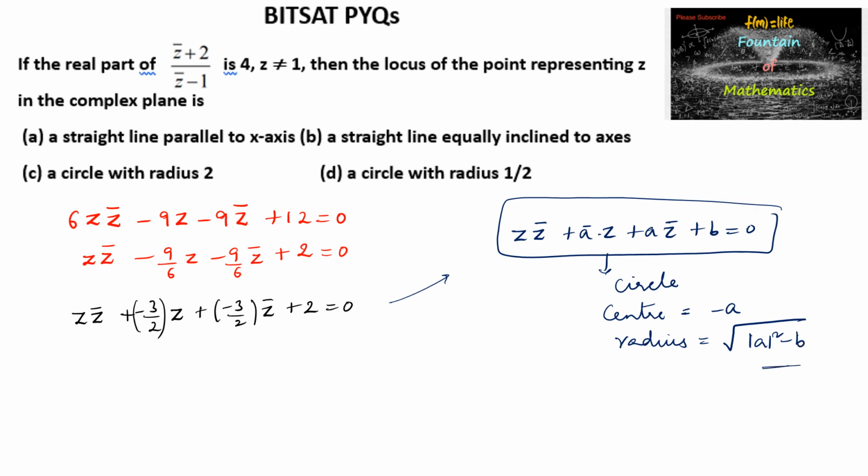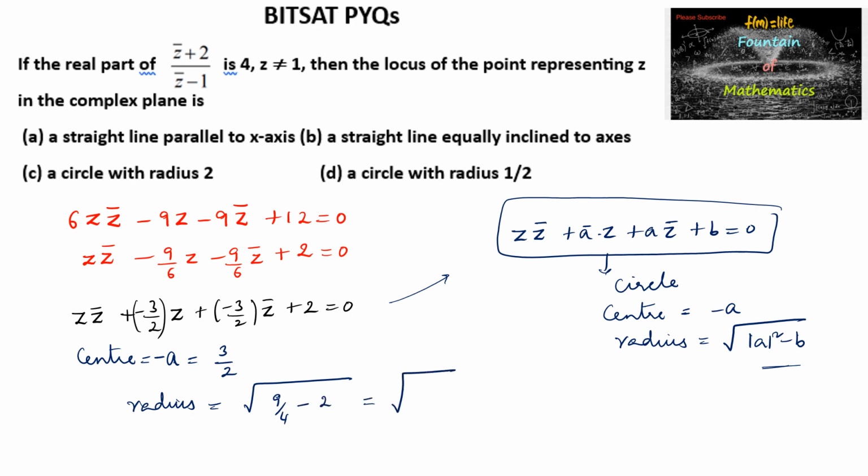So when comparing, we can consider the center of the circle is negative a, which is equal to negative of negative 3 upon 2, and the radius is equal to the square root of mod a square. So we can write 3 by 2 whole square is 9 by 4 minus b value, which is 2.